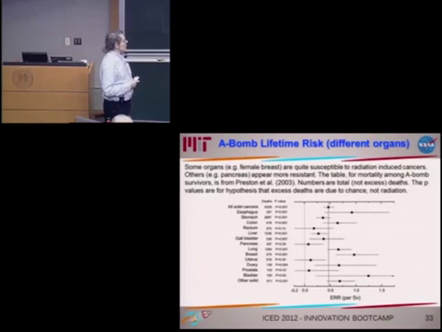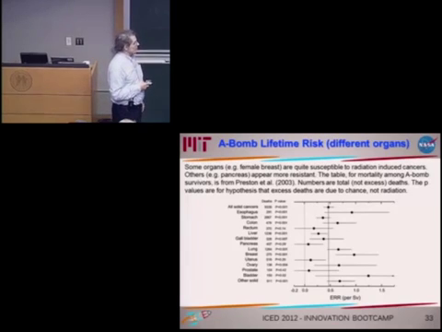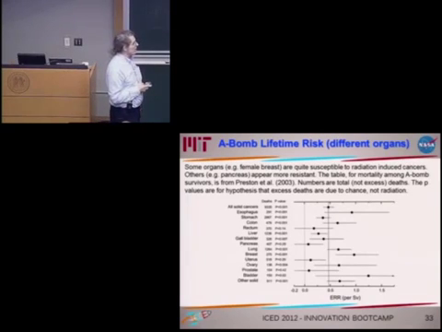So statistically, what do we see? Well, if you look at these solid cancers, these are from the A-bomb data from work by Preston. We see there's a lot of organ specificity in cancer generation.